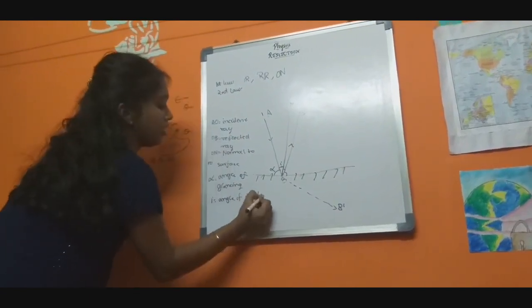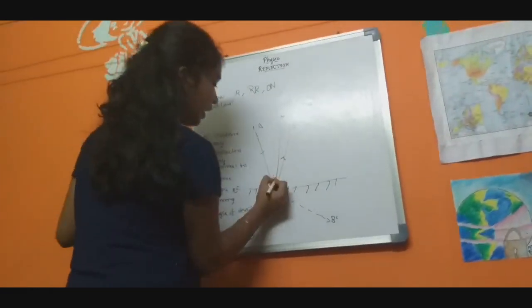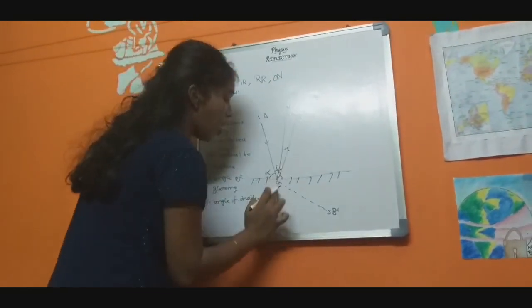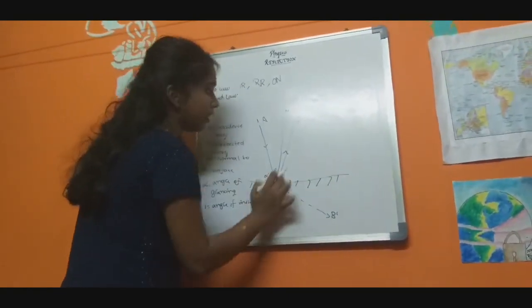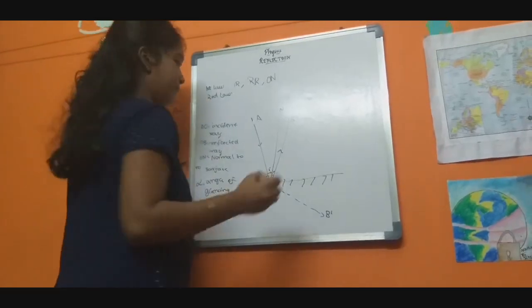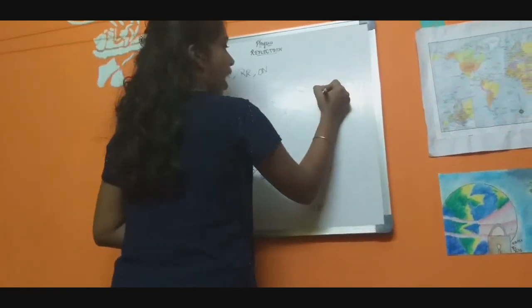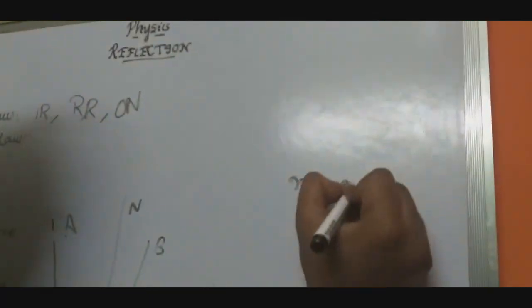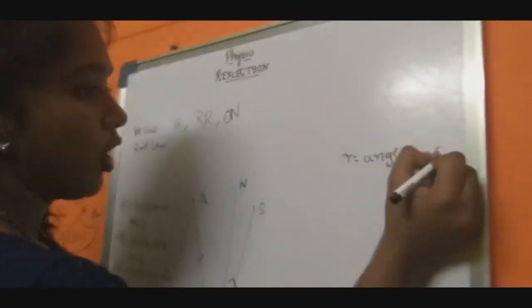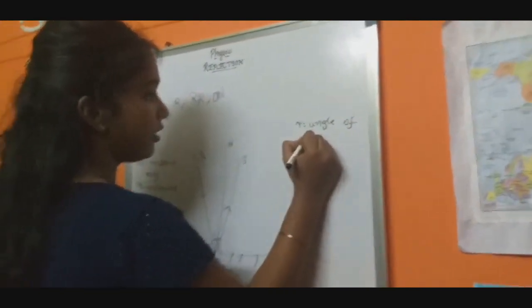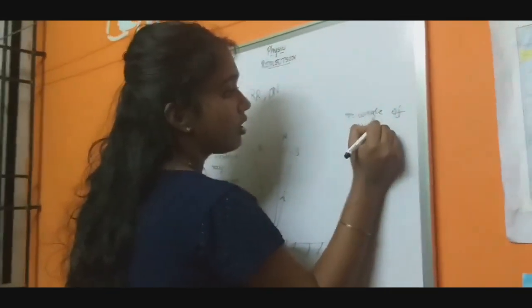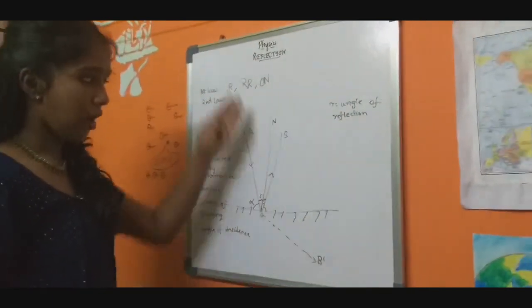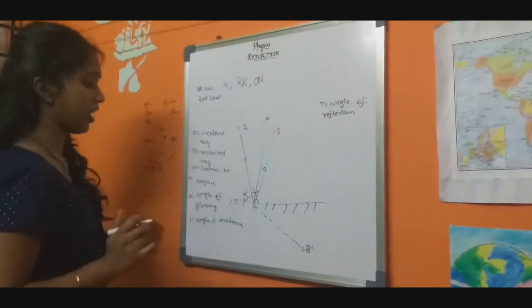Then here it is marked as R because it is made by the normal to the surface and the reflected ray. So, angle of reflection means the angle made by the reflected ray and the normal to the surface.